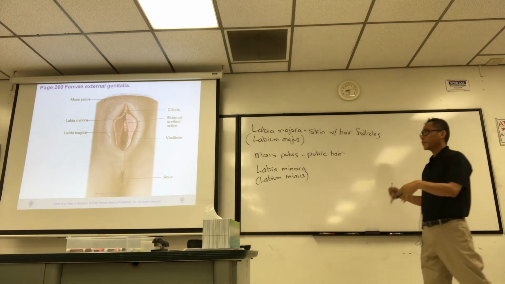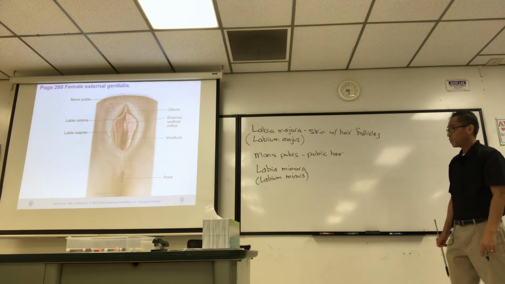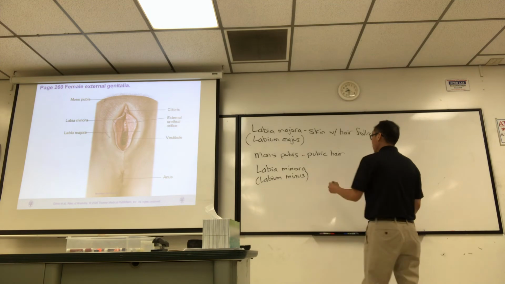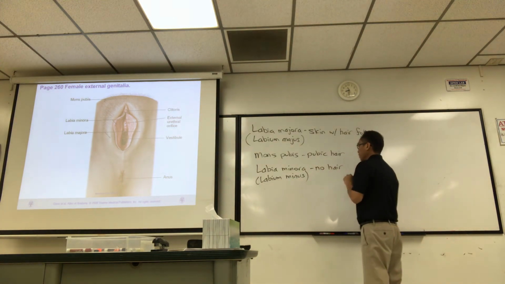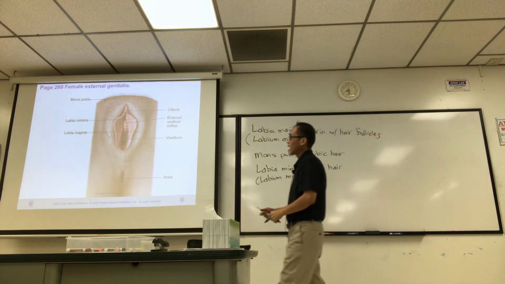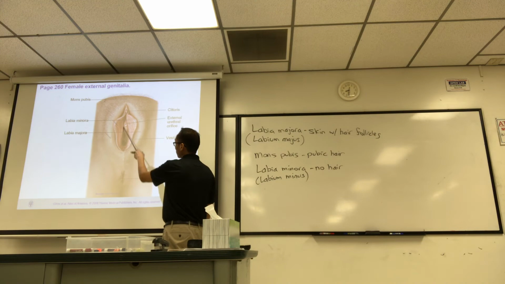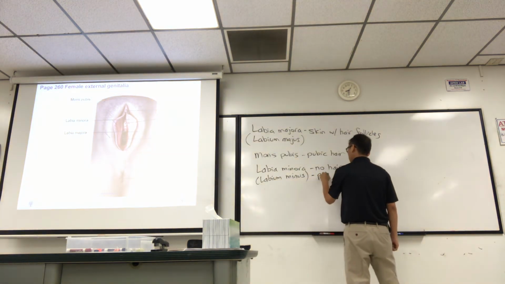Whether plural or singular, if you're identifying it, I really don't care. Just don't mix them up. Anyway, there's no hair. They have it reflected back. The function is to protect these orifices. I'll just put protection as a function.